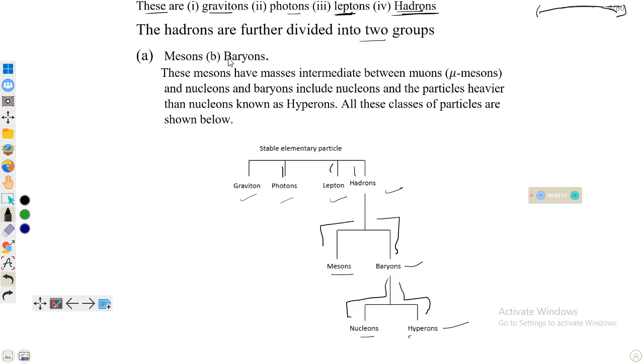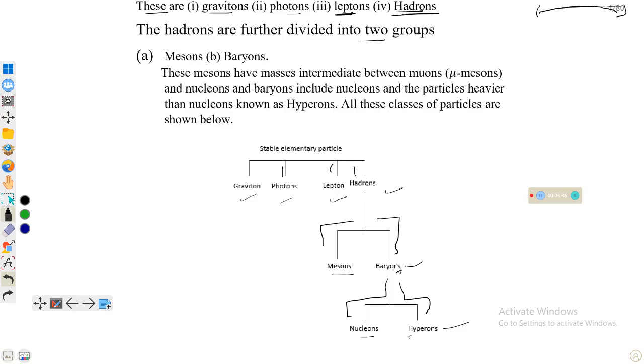Hadrons are classified into two: mesons and baryons. Mesons have masses intermediate between muons, meaning the mu mesons, and nucleons, and baryons include nucleons and the particles heavier than the nucleon, known as hyperons. All of these classes of particles are shown below.